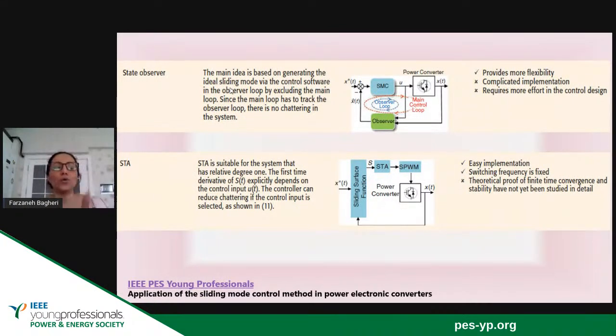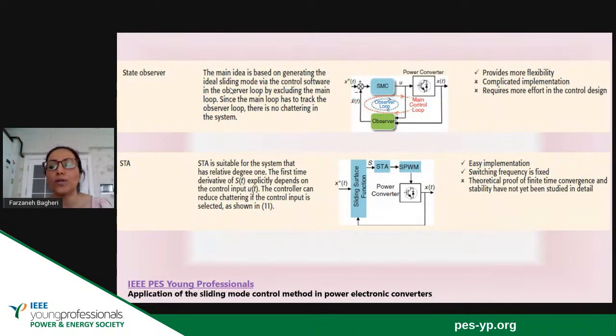And finally, we go to the super twisting algorithm. Super twisting algorithm is suitable for systems that have relative degree 1. Again, I should mention here that second order sliding mode control or high order sliding mode controls can be used for high order relative degrees, but super twisting algorithm can be used only for systems with relative degree 1. But on the other hand, it will solve the chattering problem.